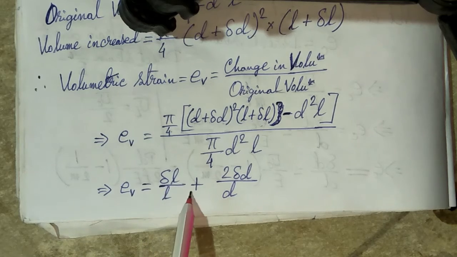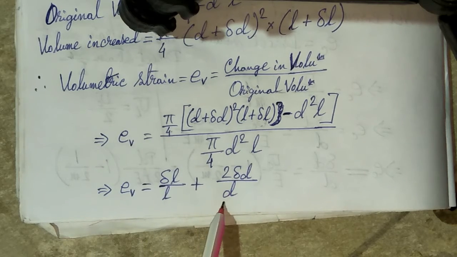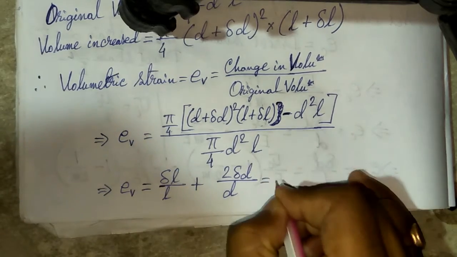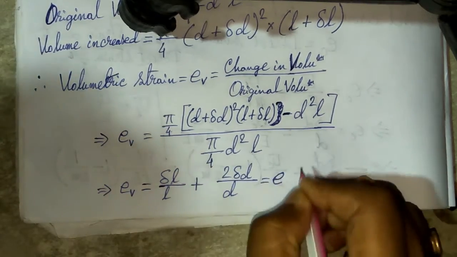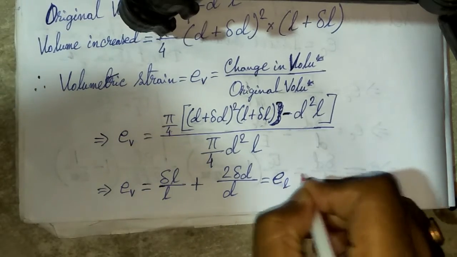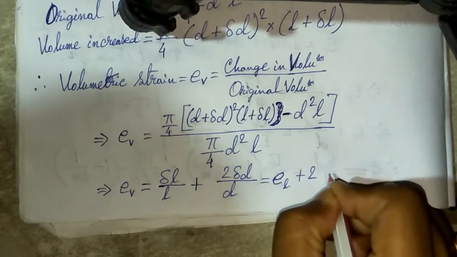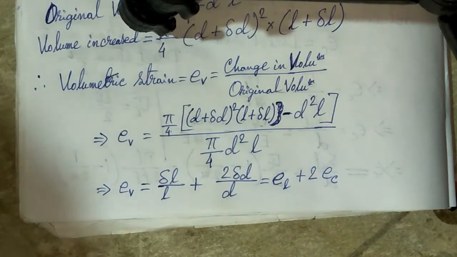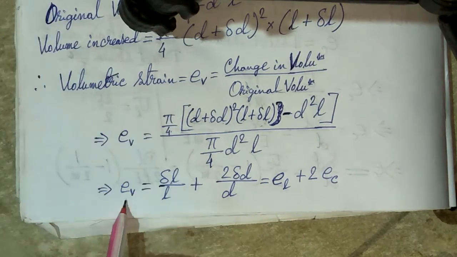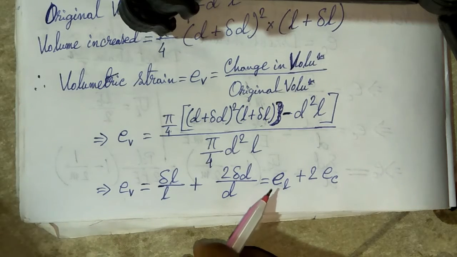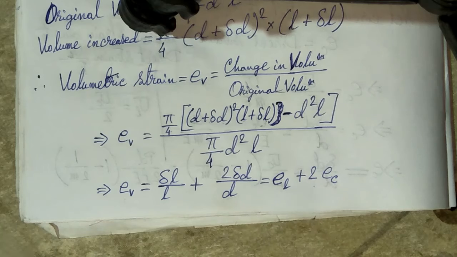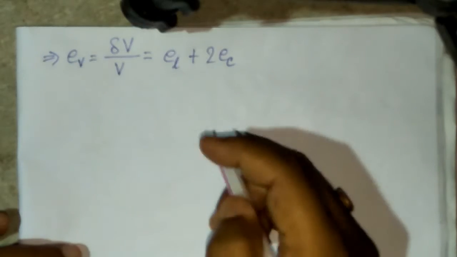Delta L by L is the net longitudinal strain, plus 2 into the net circumferential strain. So the volumetric strain is equal to the net longitudinal strain plus 2 into the net circumferential strain.